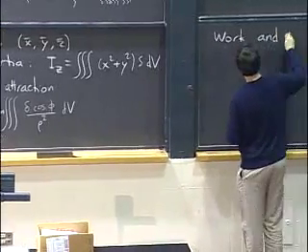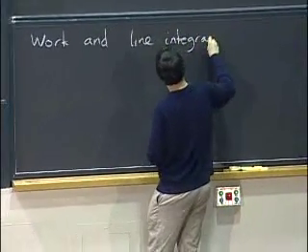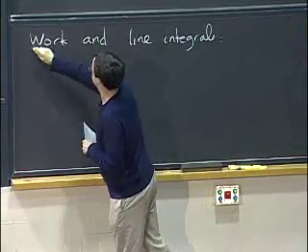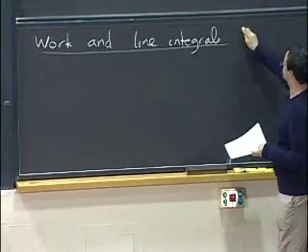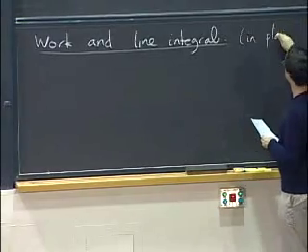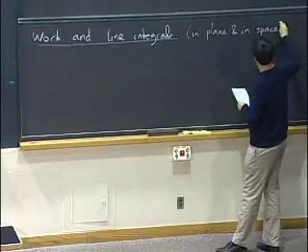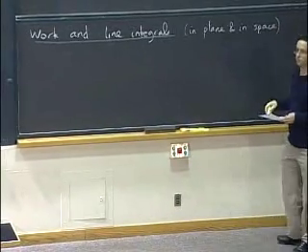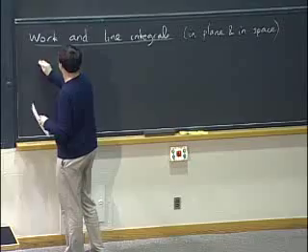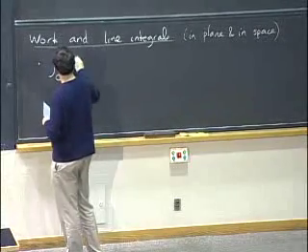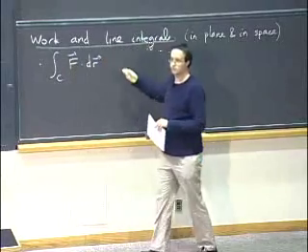Work and line integrals. So we've seen how to do that in the plane and in space, and it looks very similar somehow. Remember, you have to know how to set up and evaluate a line integral of this form.